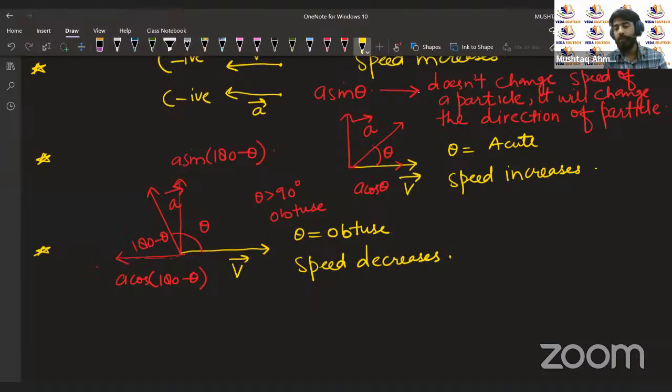Point number three is that the speed will only decrease for the particle if the angle between the acceleration vector and the velocity vector is obtuse. It means that it should be greater than 90 and less than 180 degrees. In that case, the speed of this particle is always going to decrease, because there will be a component of acceleration which will be anti-parallel to the velocity vector, which will decrease the speed of this particle, right?